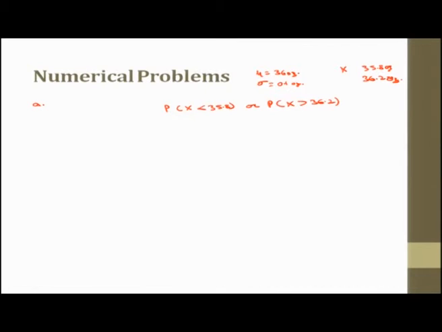When we try to compute this, we denote the normal distribution, as random variable x is normal with mu and sigma, which means that this is a normal distribution with 36 and 0.1.